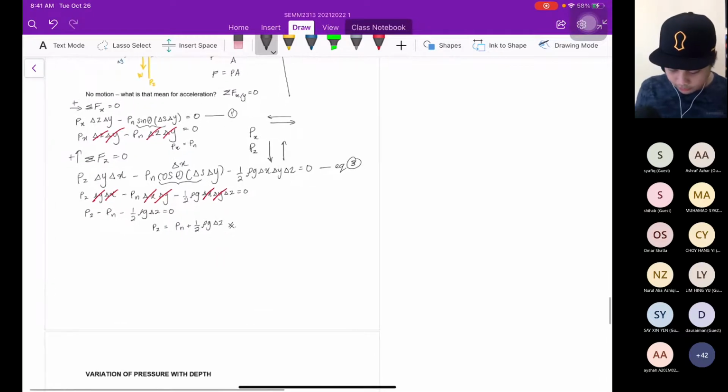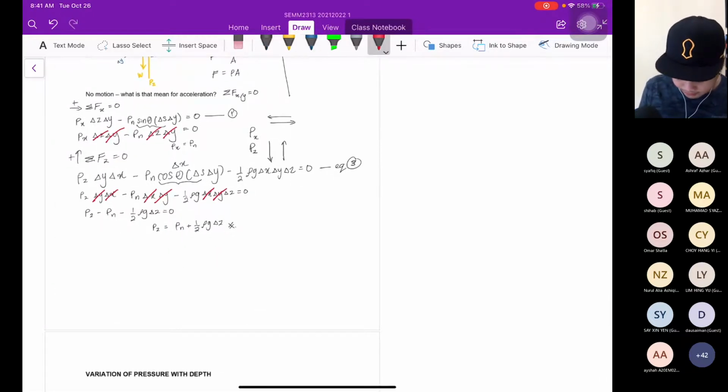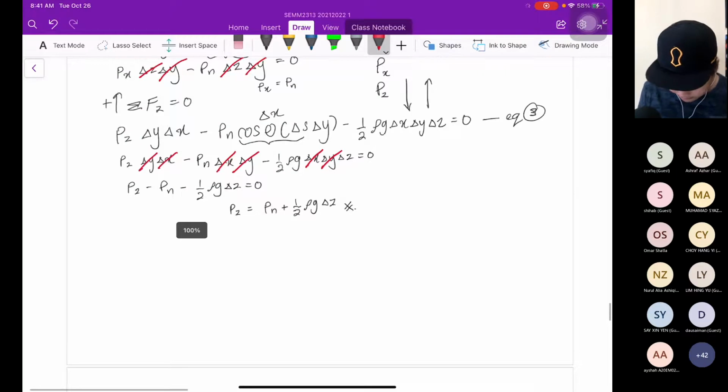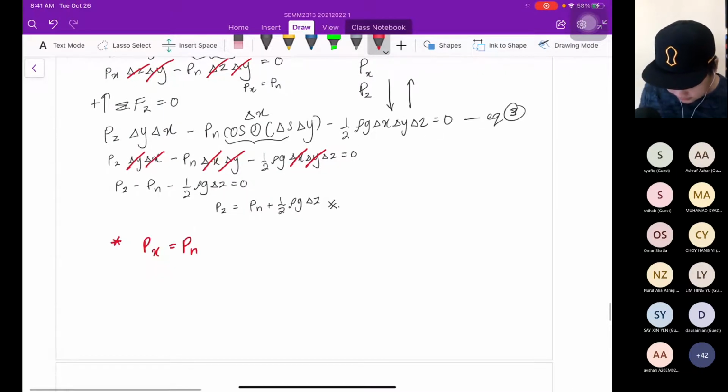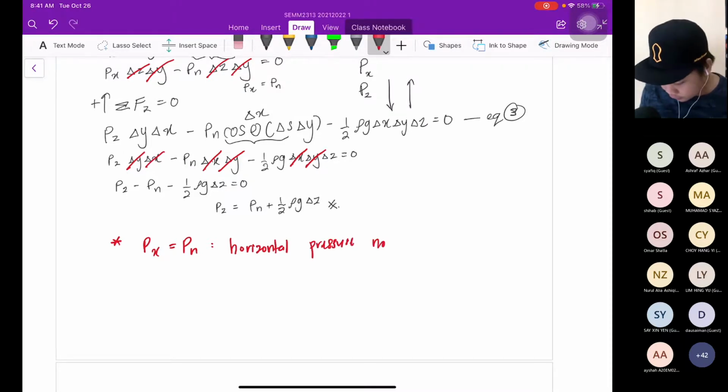So what can we deduce here? The most important remark: the pressure in the x direction is the same. Horizontal pressure, no change.